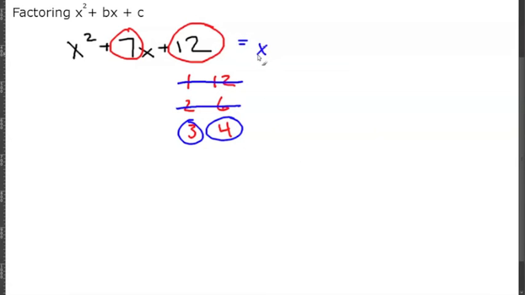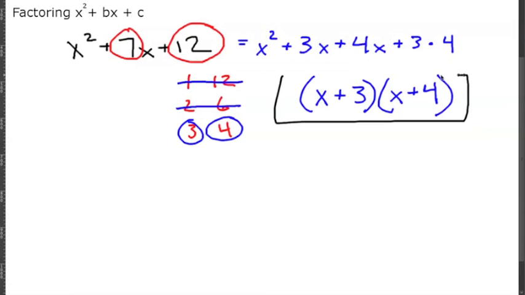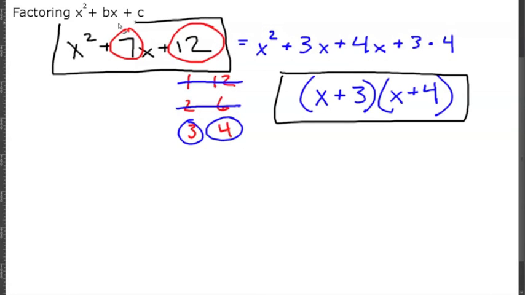So this becomes x squared plus 3x plus 4x plus 3 times 4, which can be written as x plus 3 times x plus 4. x plus 3 times x plus 4 is the factored form of x squared plus 7x plus 12.